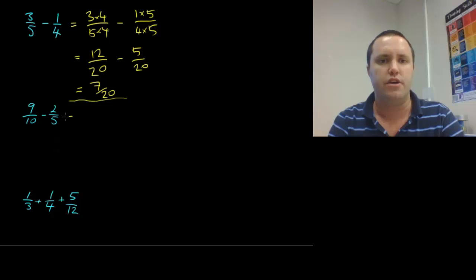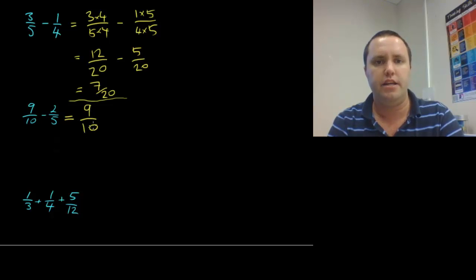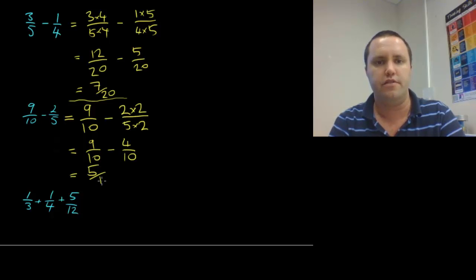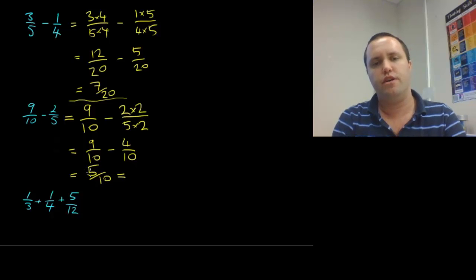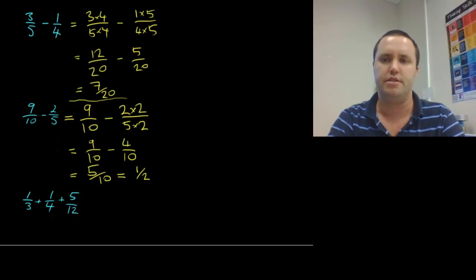We leave 9 over 10 minus, 5 times 2 is 10, so it ends up being 2 times 2 over 5 times 2, and that means 9 over 10 minus 4 over 10, which is equal to 5 over 10. When you get one like this, it's good practice to bring it to its simplest form. These are both divisible by 5, so you'll end up with 1 over 2. Easy one, that one.